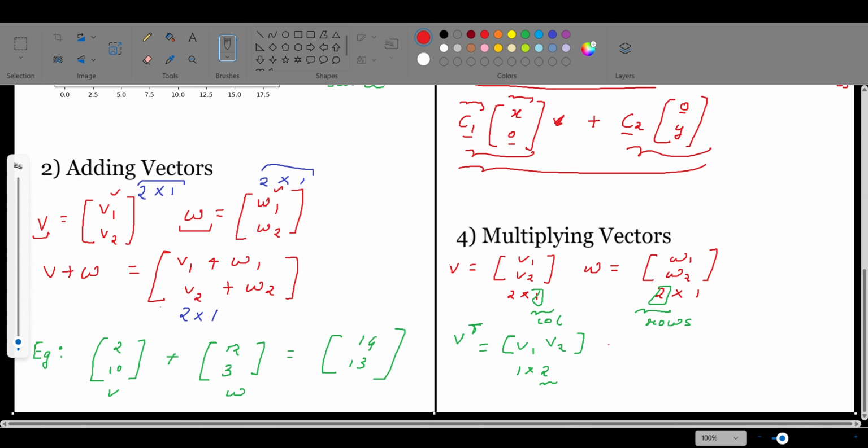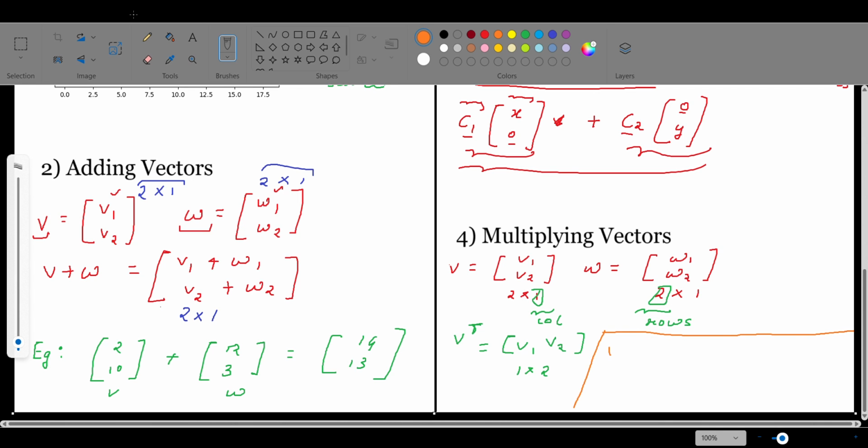So you could say V transpose W equals, let me do this in a different color so that it's more visible. Let's take orange.